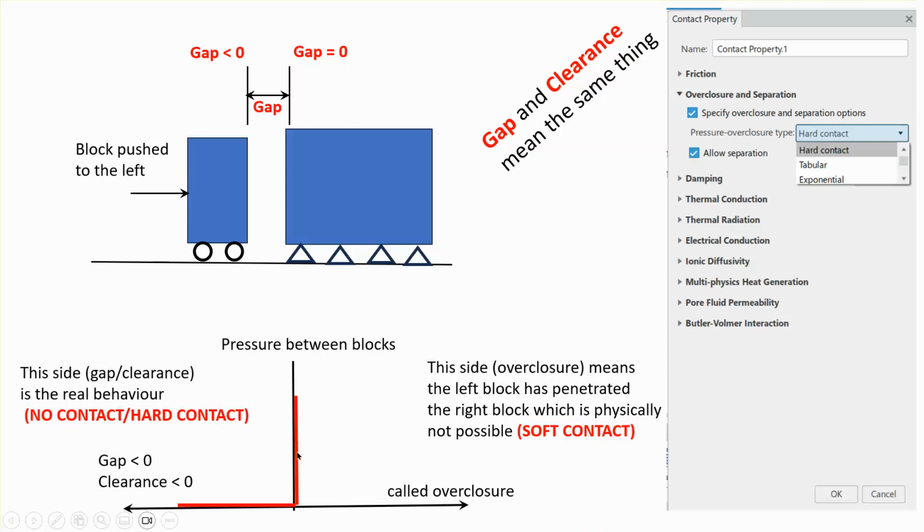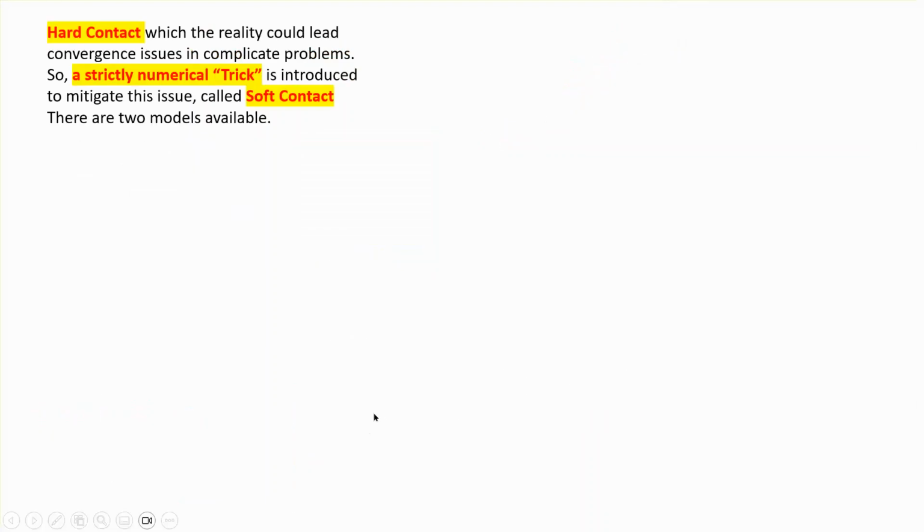That's why people allow this behavior not to be a sharp jump, but a gradual change, which means that if it's a gradual change to the right, physically it's not possible. However, in order to solve the convergence problem, they use a numerical trick.